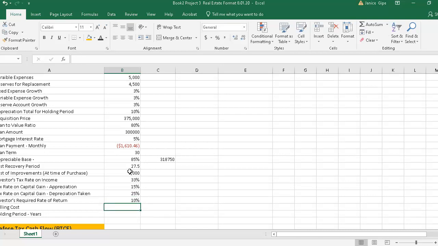And selling cost 6% for commissions. And holding period, we're looking at a 3-year period for the holding period.